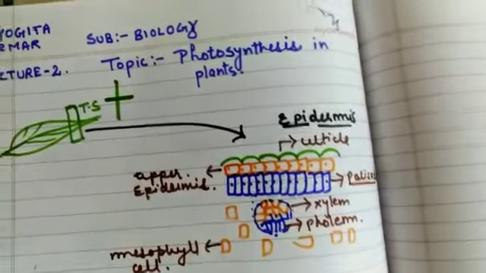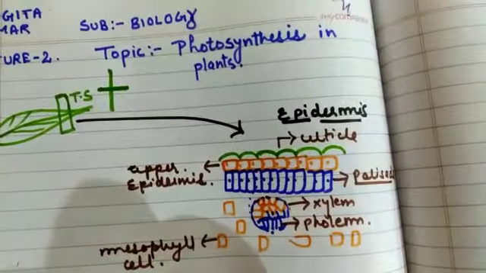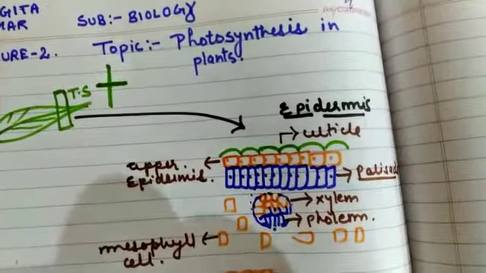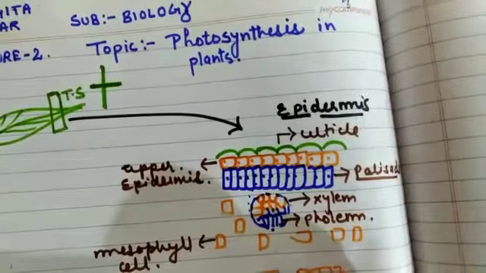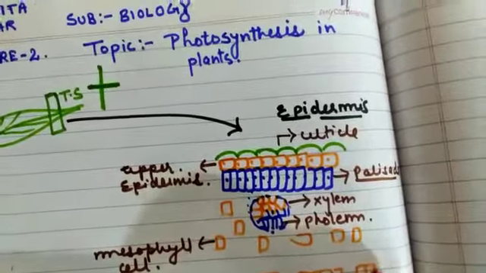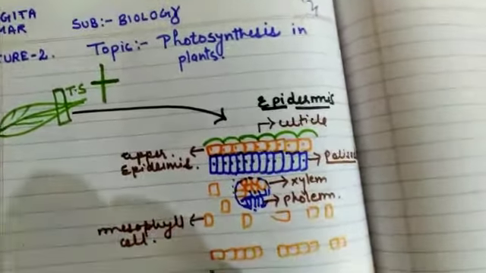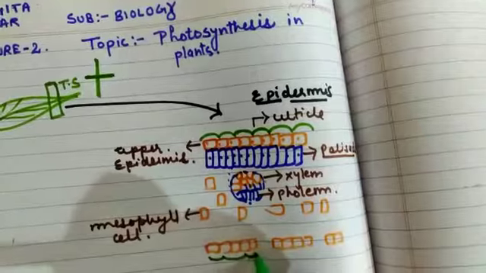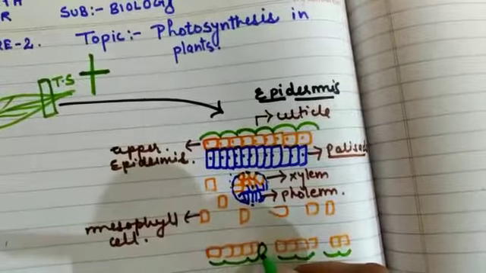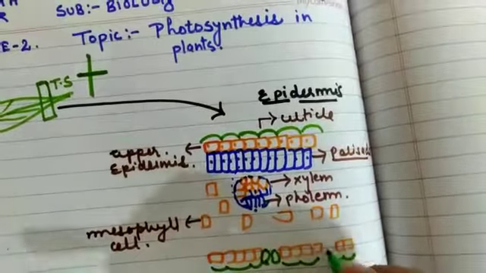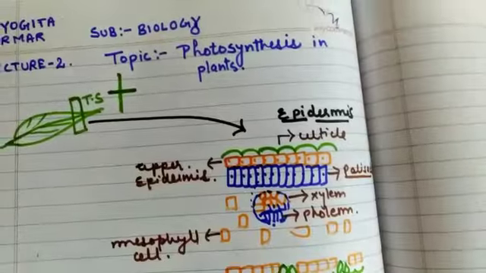Then again there is a layer of lower epidermis here, and there are some spaces left between this. What do these spaces consist of? These spaces consist of stoma, which are nothing but the stomata.